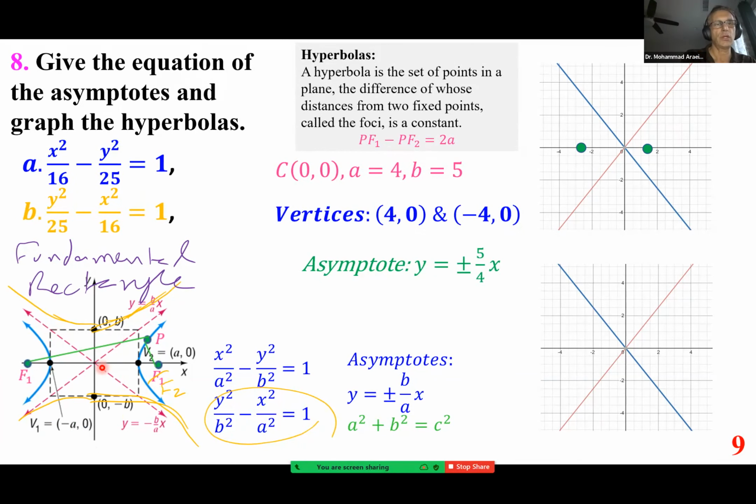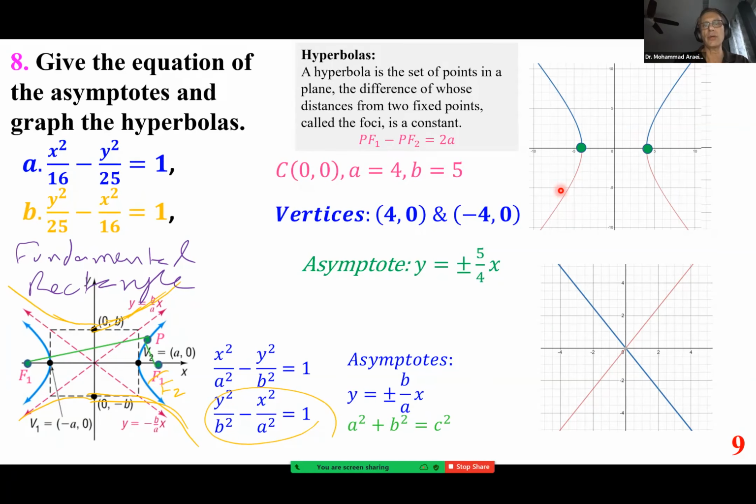So this is (a, 0), this is (negative a, 0), this is (0, b), this is (0, negative b). If you connect them, then their diagonals would be the lines. The purpose is to help you graph the asymptotes. Now, here's the graph for the top one. Let's add the asymptotes, and we're done with part A.